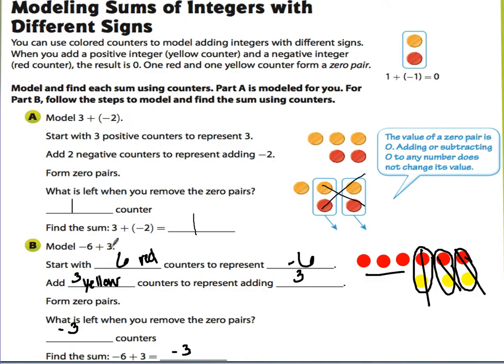I only have 3, so that also tells me that my answer should be negative, since the negative 6 is further away from 0. The other way to look at it, the absolute value of negative 6 is 6, and the absolute value of positive 3 is 3. Since this has the larger absolute value, it's further from 0, so this 3 isn't going to get me out of the red. I'm going to be stuck with these red negatives, so my answer would have to be negative.